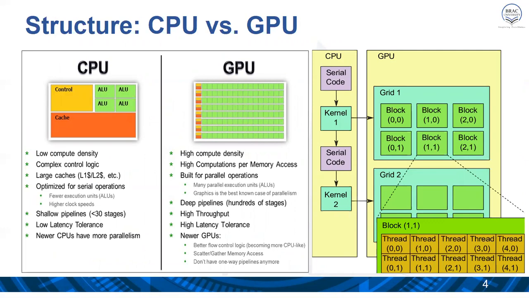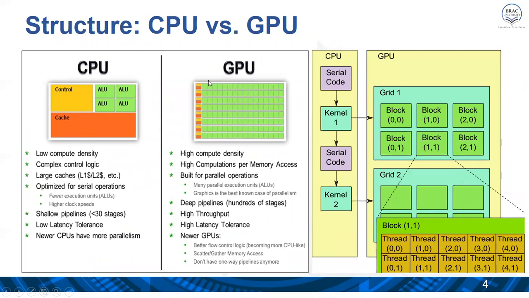Now, we will be discussing the differences between the structures of CPU and GPU. In this figure, we can see the structure of CPU. It consists of a control unit, several arithmetic and logic units, and a cache memory.